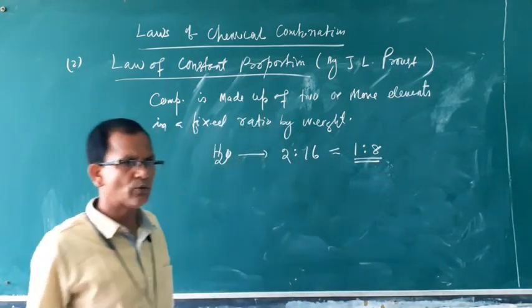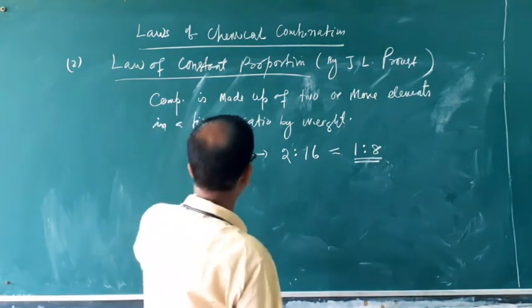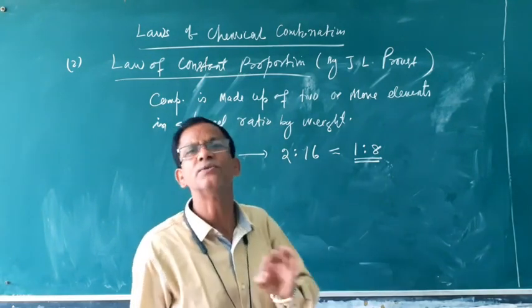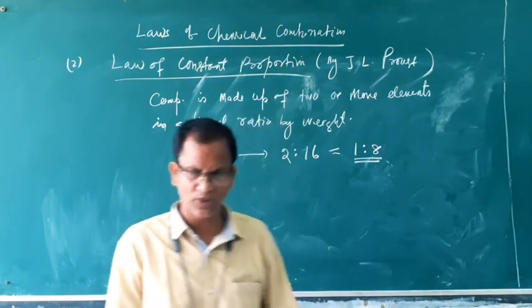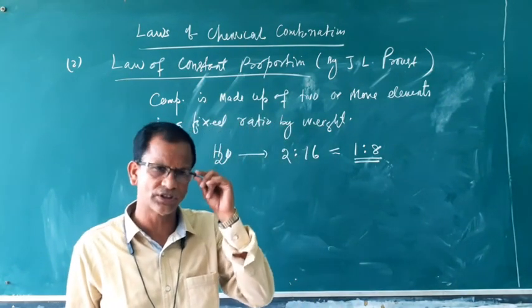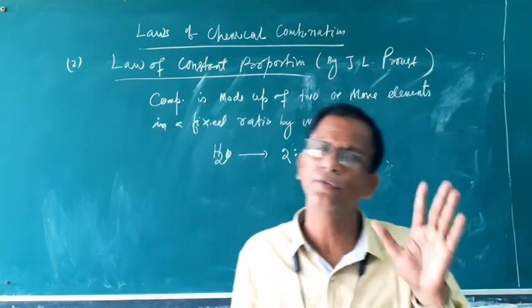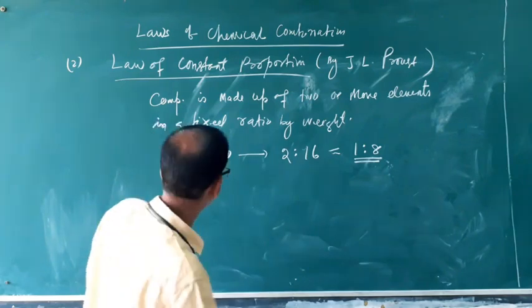You can collect water from different sources. The percentage of hydrogen and oxygen in water is fixed. It cannot be changed. The percentage of hydrogen and oxygen in water is always constant. That is called the law of constant proportion.